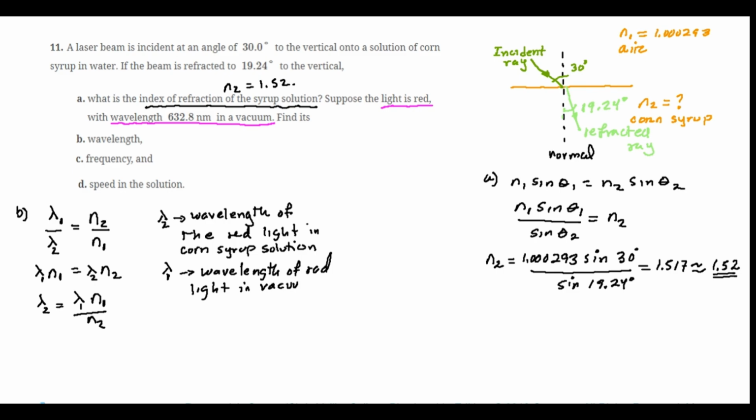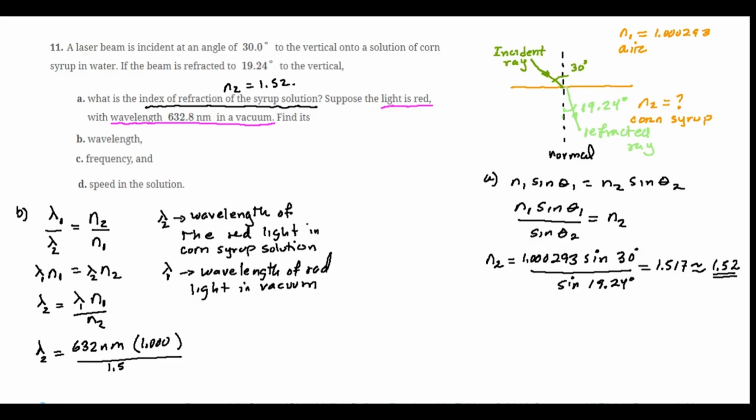So that means that now I can just calculate this lambda 2, which is going to be 632 nanometers, that is the wavelength in medium 1, times the index of refraction of medium 1, which for vacuum is 1.000, divided by the index of refraction of Siren, which is 1.52.